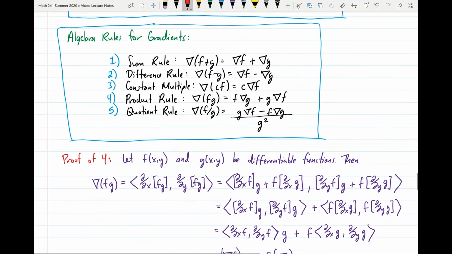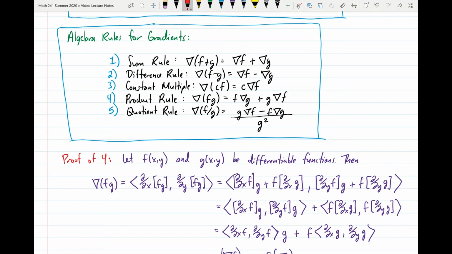We also have the constant multiple rule, which says that we can take constants and just pull them out of the gradient when we're finding the gradient of some function c times f. And then fourthly, we have the product rule. So the gradient of f times g is equal to f times the gradient of g plus g times the gradient of f.